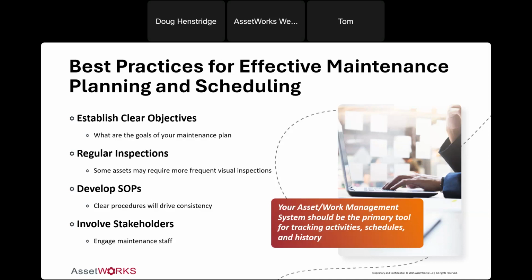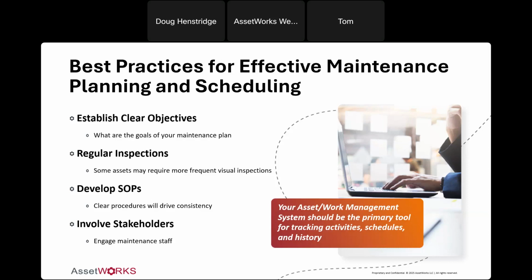The other thing is to make sure you have SOPs in place, so procedures around inspections and PMs are consistent across the organization. If you're managing multiple sites, multiple facilities, just make sure that everyone's on the same page, thinking about, here's how we're going to do it. That makes staff a little more interchangeable as well if you're following the same procedure for the same type of equipment in multiple locations.